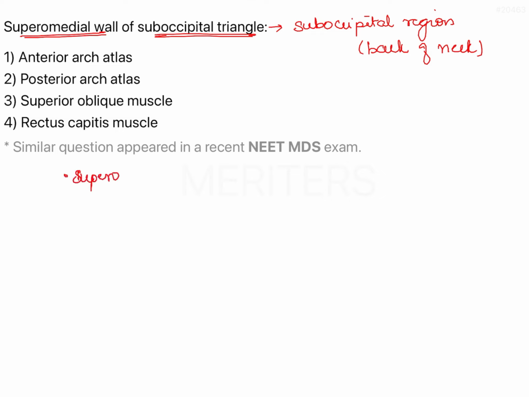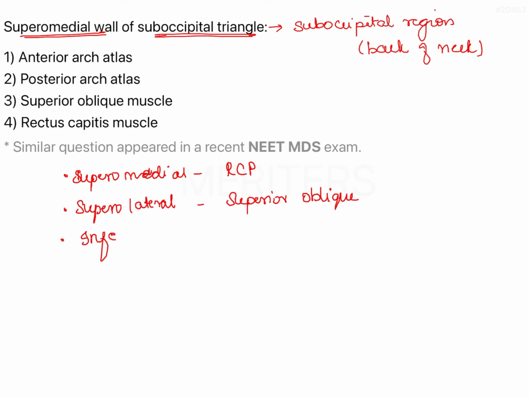Superomedially, we have the rectus capitis posterior muscles, superolaterally the superior oblique muscle, and inferiorly the inferior oblique muscle.